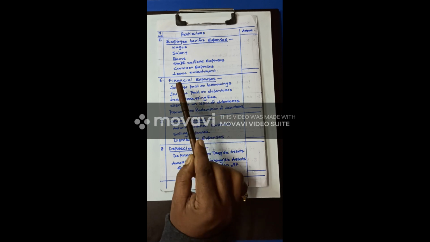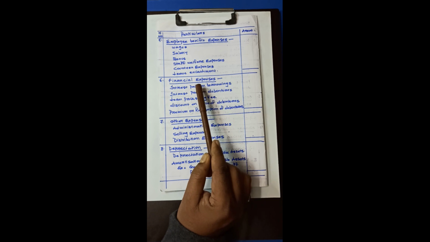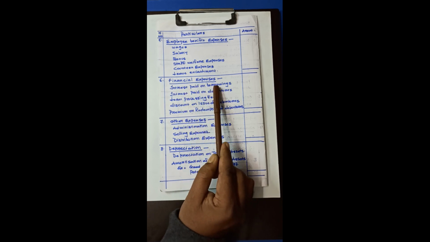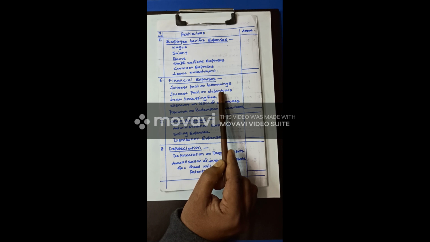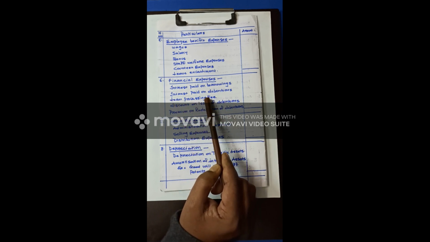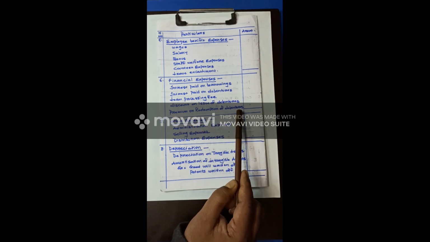For the time being, the financial expenses include all the expenses paid in raising the finances required by the company, like interest on borrowings, loan taken from banks and other financial institutions, interest paid on debentures, that is loan taken from the public, any loan processing fees, discount on issue of debentures, and premium on redemption of debentures.